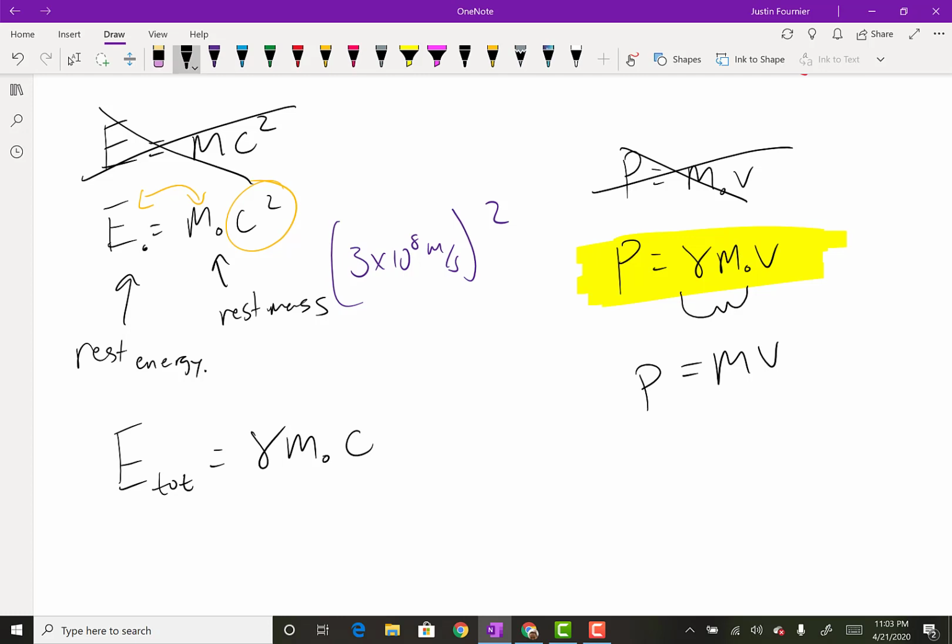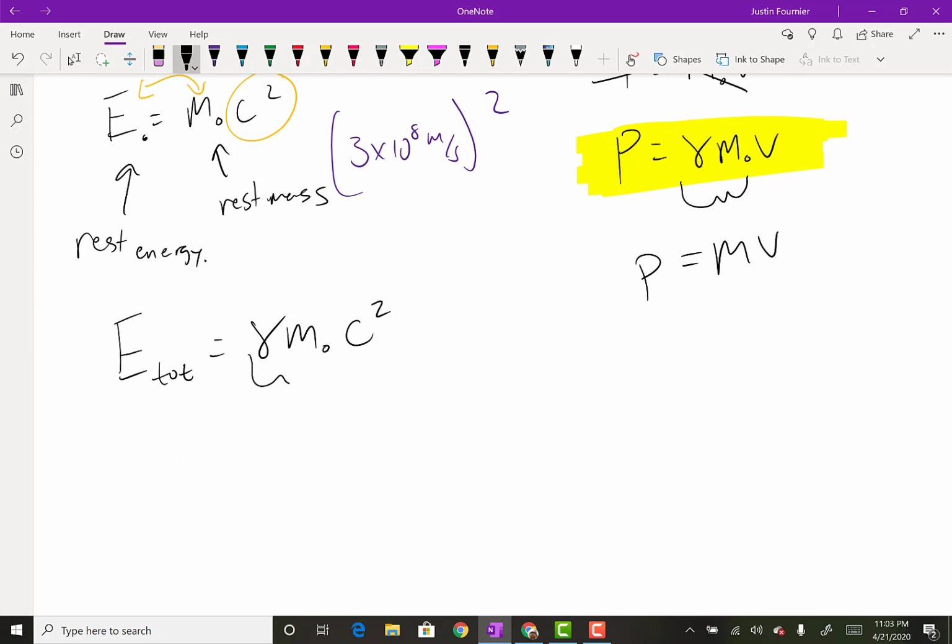That would give you your total energy, because if you are moving, that's where the gamma term comes in. Remember, it's 1 over the square root of 1 minus v squared over c squared, or beta squared. So if you start moving, that would give you even more energy. Often we redefine mass, so really we're talking about your total mass times c squared, and that would be your total energy.